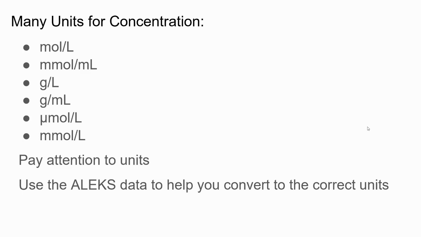We also have millimoles per milliliter. That's the same as moles per liter, but sometimes we write it like that. We can also use grams per liter, grams per milliliter, micromoles per liter, and millimoles per liter.